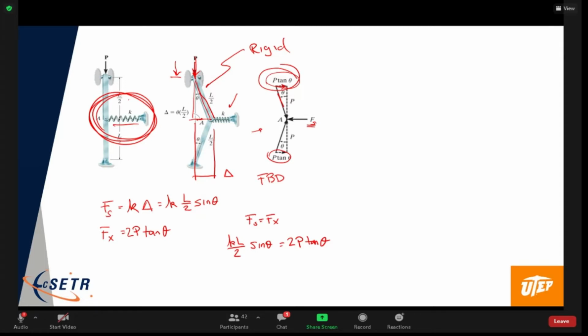So if we deal with small angles, sine of theta goes to theta, and the tangent of theta also goes to theta. So they actually cancel out. And for equilibrium, we get KL on 4 equals the load P.